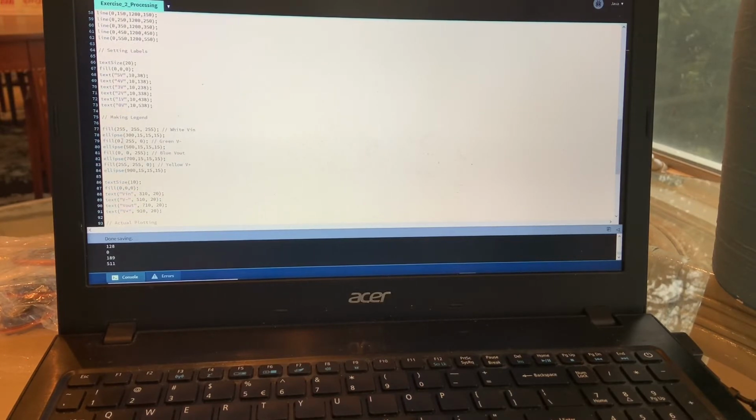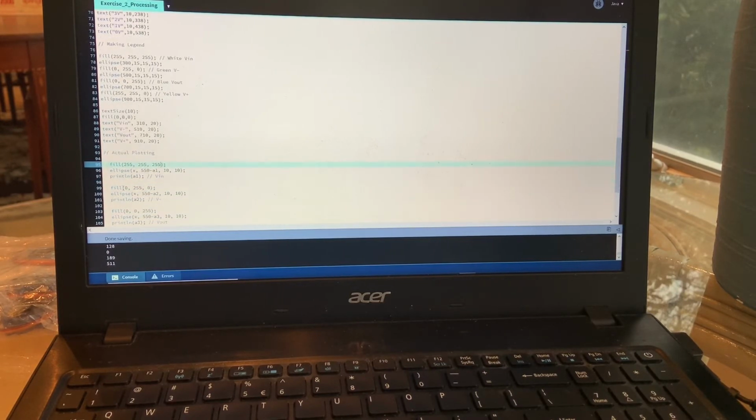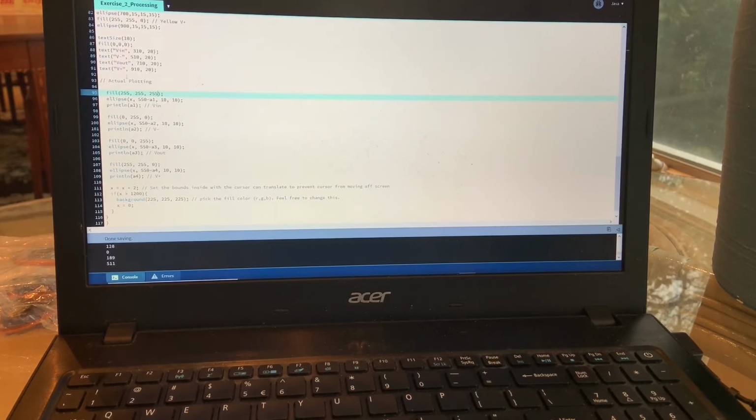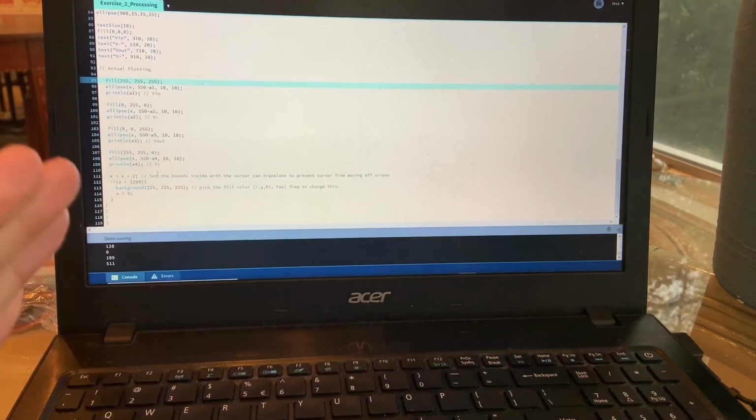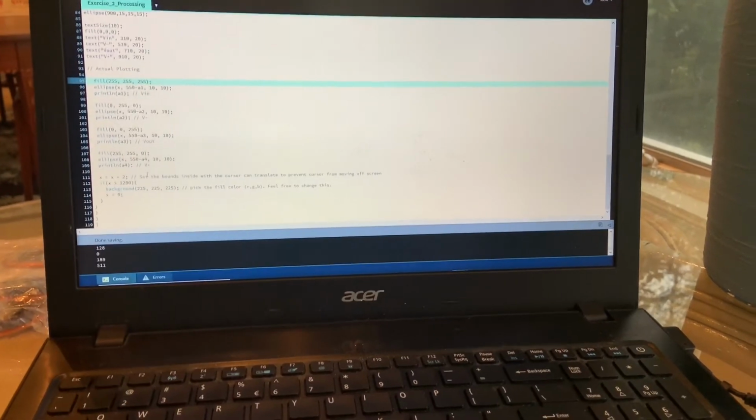The legend's a little different, so we set V in to be white, V minus to be green, V out to be blue, and V plus to be yellow. And then we have V in, V out, V minus, and V plus here in the legend. And then the actual plotting of the points here. And then this sets the boundary, so that when it gets to the end of the screen, it bounces back and constantly repeats.